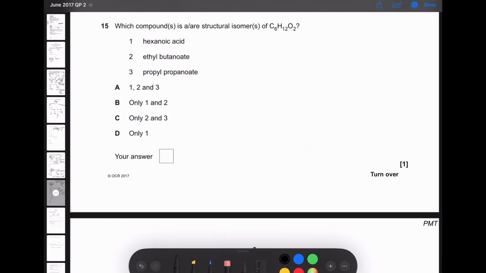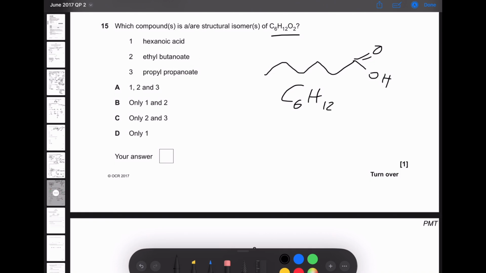Which compounds is or are structural isomers of C6H12O2? So let's go through them one by one. Hexanoic acid, 1, 2, 3, 4, 5, 6. Double bond to an oxygen. So what have we got here? Well, we've got C6H, work through this manually or with the DBE method I did earlier.